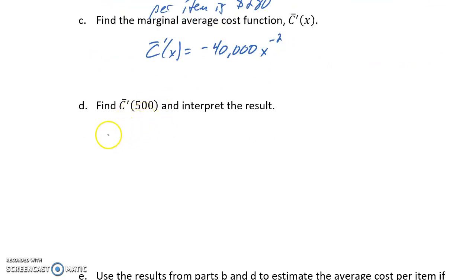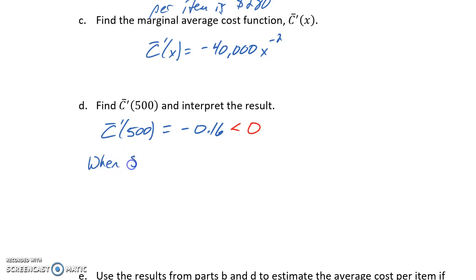Then in part D, we'll evaluate that marginal average cost function at the exact same production level of 500, which in this case is negative 0.16, which again is something less than 0, so our interpretation will deal with something decreasing.